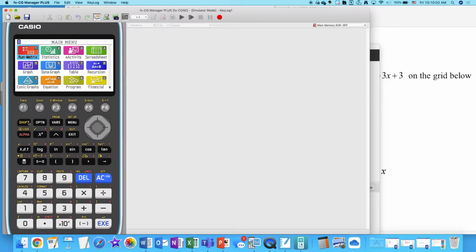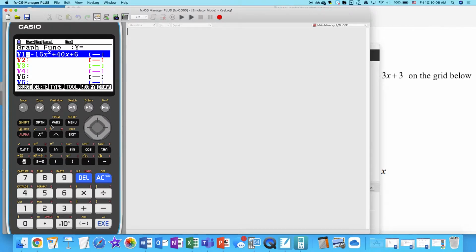Okay, so I'm going to go to graph, and I'll just delete that. And I'm going to put in x cubed, and I'm going to put in negative x cubed. Whoops, sorry. Get rid of that. And then minus 4x squared minus 3x.